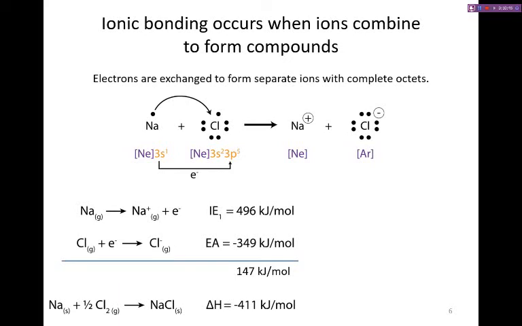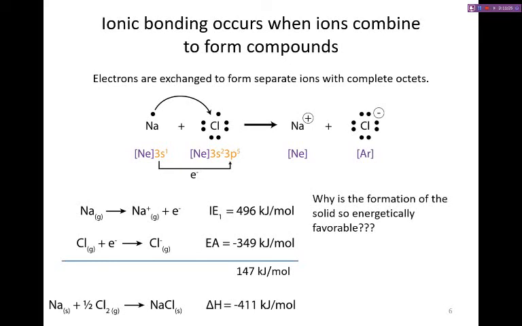However, what we know from practical experience is that sodium chloride as a solid, an ionic solid, is very stable. If we were to take sodium metal and chlorine gas and convert them into sodium chloride, we see that this is an exothermic process.